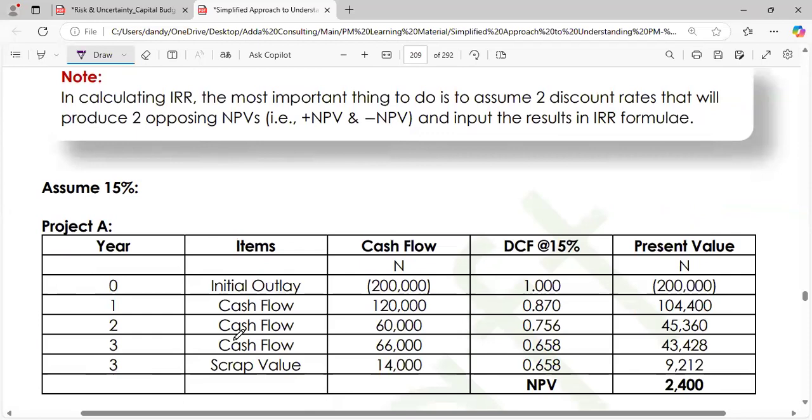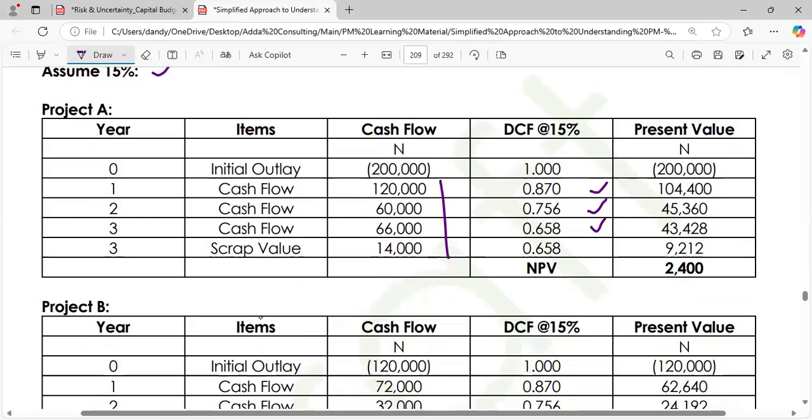Therefore, first, we assume 15%. We still have the same cash flow. So discount factor at 15% for year 1 is 0.870, 0.756 for year 2, 0.658 for year 3, and then multiply with the cash flows. So we got NPV of 2,400 positive.